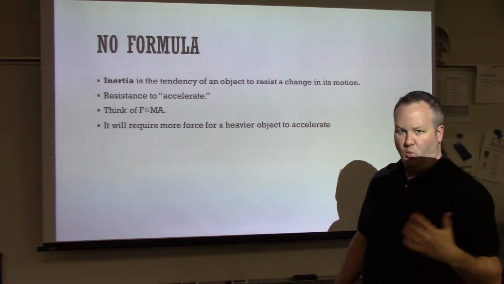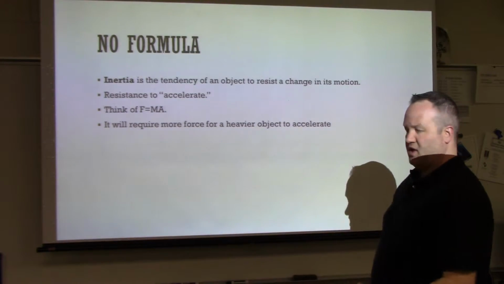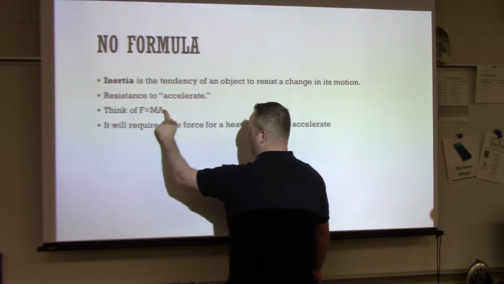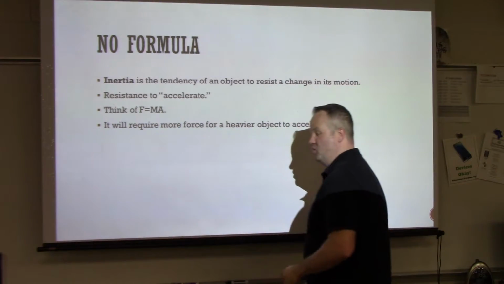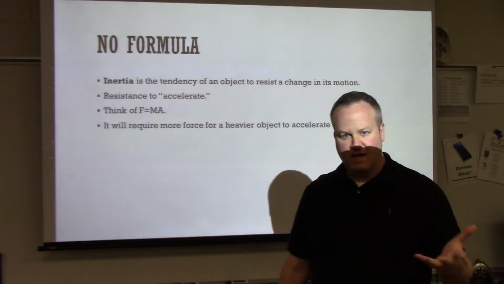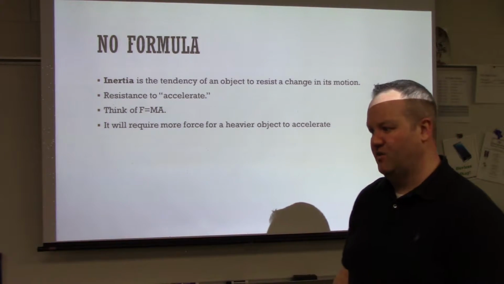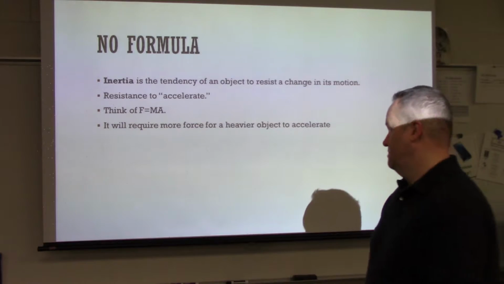But what if I had 20 newtons of force applied to a 20 kilogram object? Well, 20 divided by 20 is 1, so here my acceleration would only be 1. That goes to show that it's going to require more force to accelerate a heavier object.